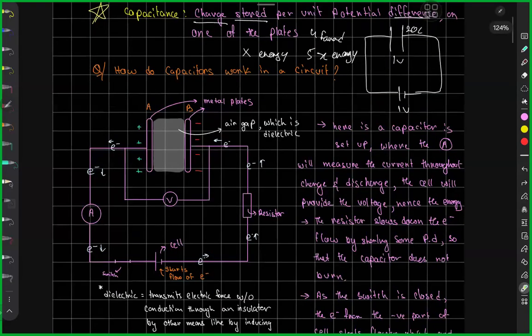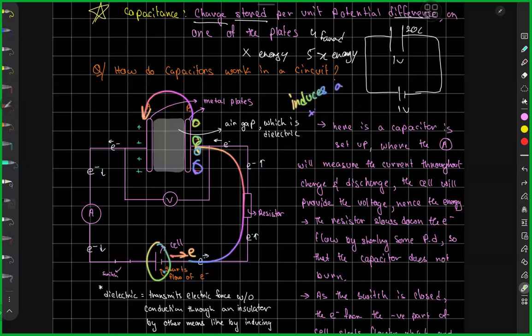So as I provide some amount of electron flow using my cell, it gets stored on plate B, accumulates over here, stores the negative charge, and as a result, it induces a positive charge over here. Mark my words. It induces a positive charge. Very important statement. It doesn't conduct through this space.